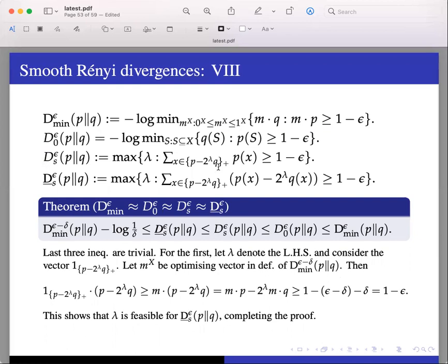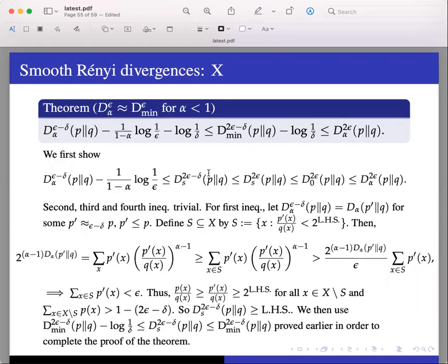So squeezing in more x's means the threshold can be correspondingly larger. Lambda is of course the largest P(x) by Q(x) in this plus set. So squeezing in more x's means increasing lambda. So that is this monotonicity in this parameter.